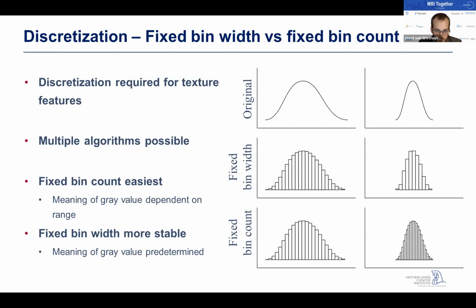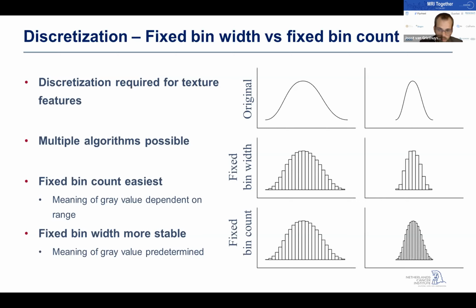And the other one is a fixed bin count. This means that you take the entire range, say your region of interest has 300 different gray values, and you say, okay, I want to bin them together in about 50 bins. Then you calculate that you have 6 gray values per bin, and then you discretize your image.